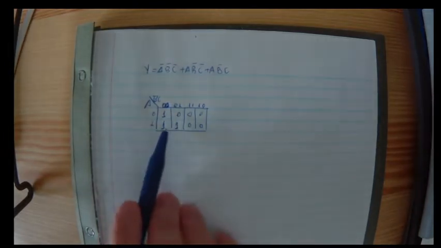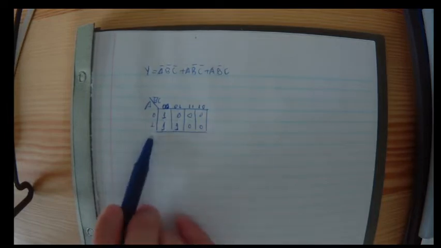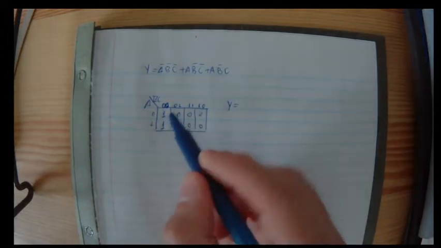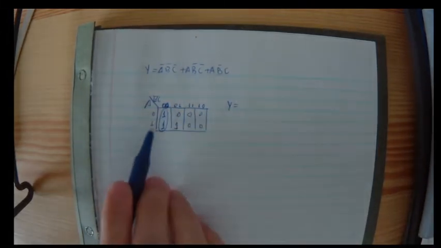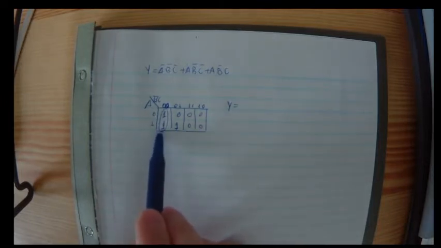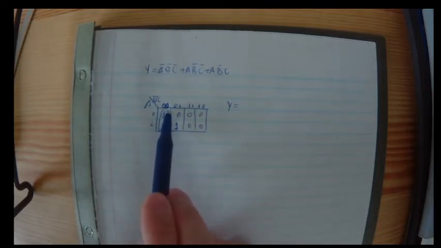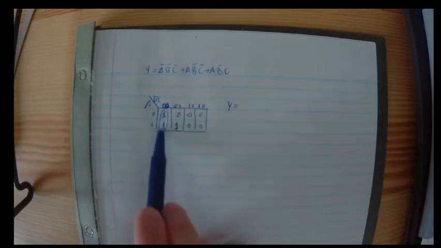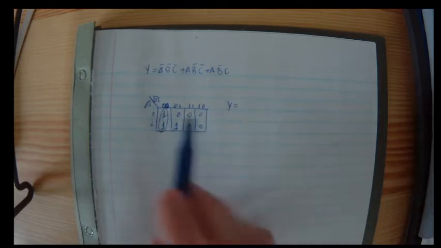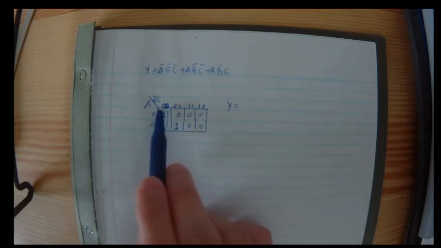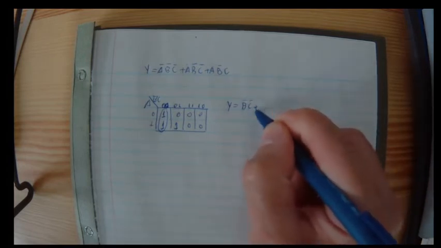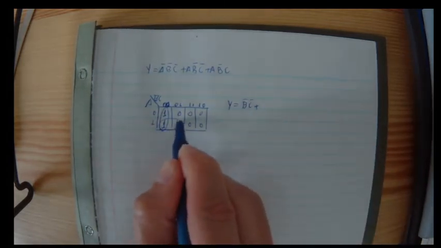So you can see that we have these three terms, and we can group them together to have our simplified version. If I group these two members together here, we can see that in this group only the variable A changes in both of them. So we can eliminate the variable A for this implicant that we group together, and the implicant is complement of B and complement of C. Or we can also group these two implicants here.